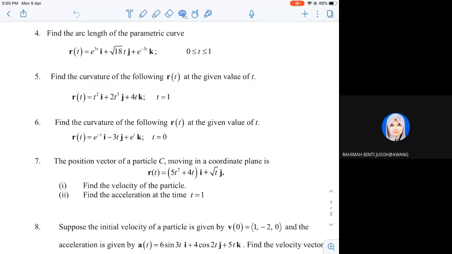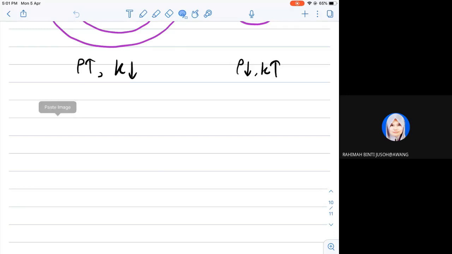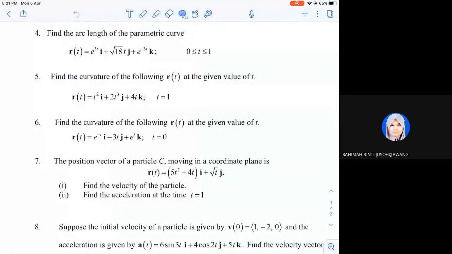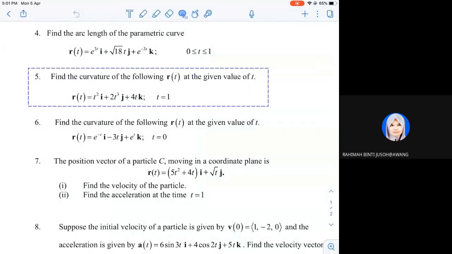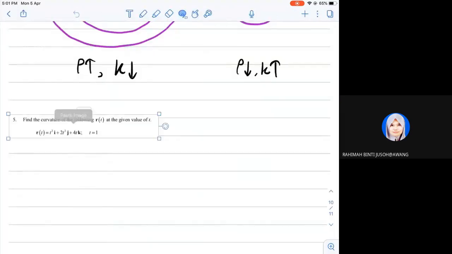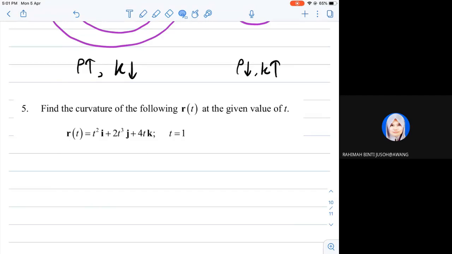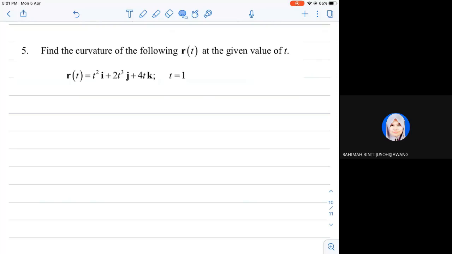Question number 5, curvature. Okay, so now we have polynomial functions lah. Senang sikit lah.